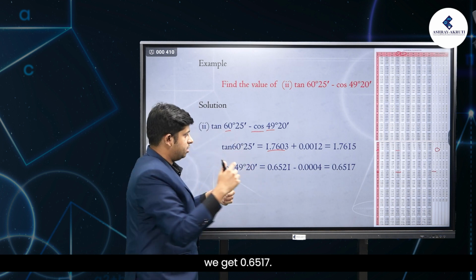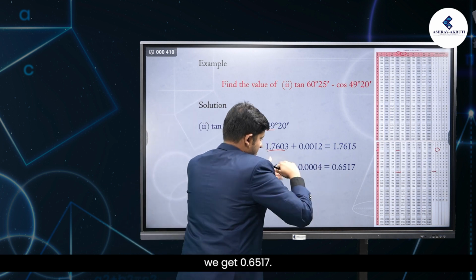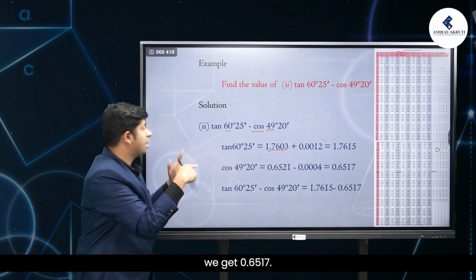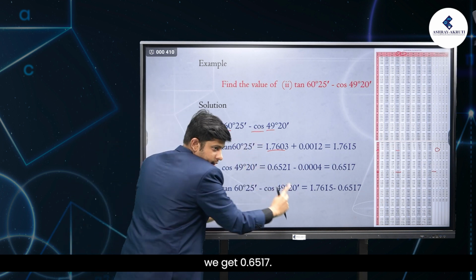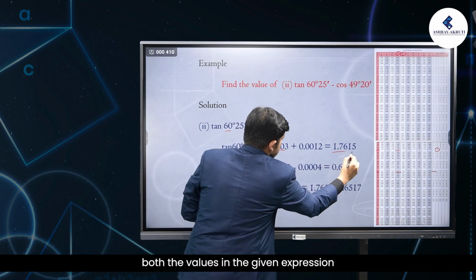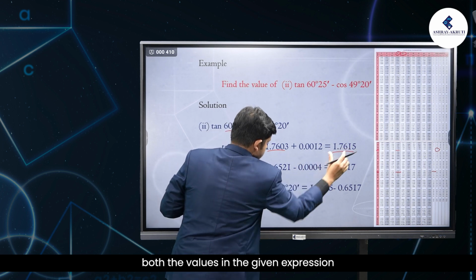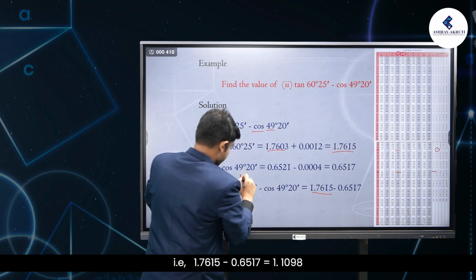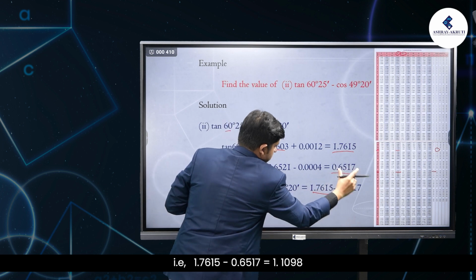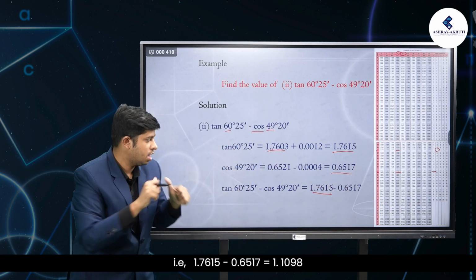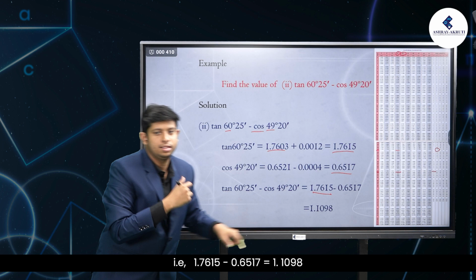By subtracting them, we get 0.6517. Now, substitute both the values in the given expression. That is 1.7615 minus 0.6517 is equal to 1.1098.